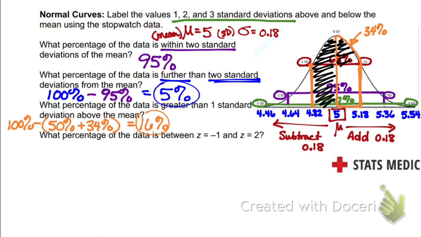Up to positive 2 would be this one, and this little bit. I see. How much would that give me all together there? About 70. Very close. It's actually 81.5. 81.5%.